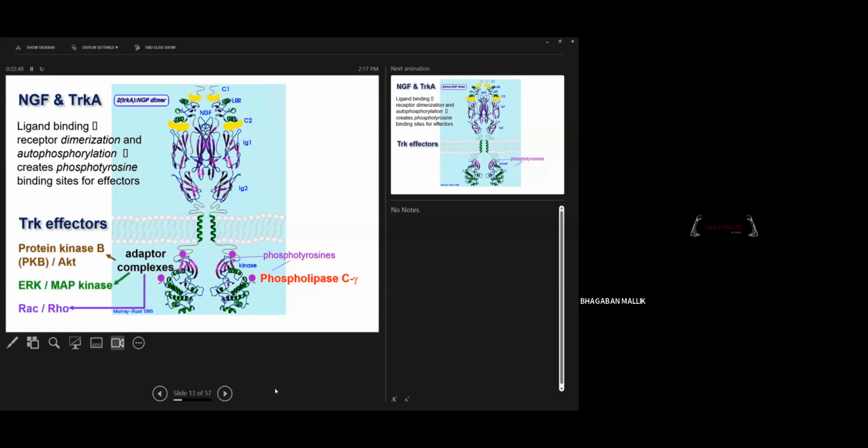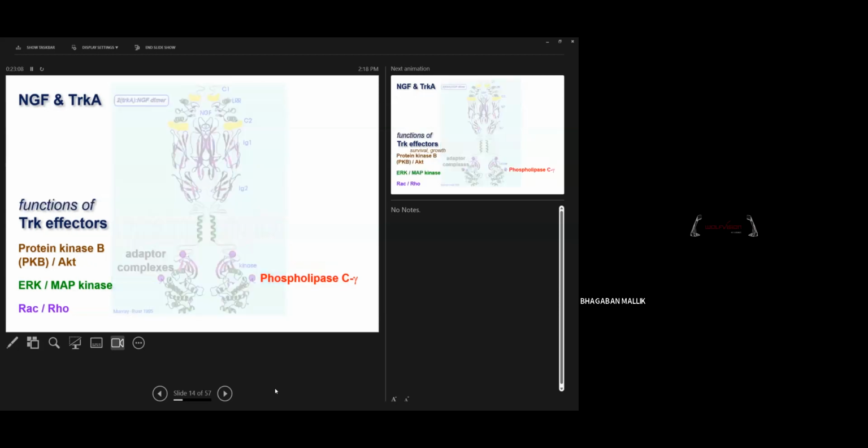You have the effector kinase like AKT protein or PKB, protein kinase B. Also, you have activation of ERK and MAP kinase. These are also effectors. Then also you have RAC and RHO recruitment, which can actually inhibit the spine formation. So here I mentioned the function of the effector, like protein kinase B or AKT, they help in survival and growth.